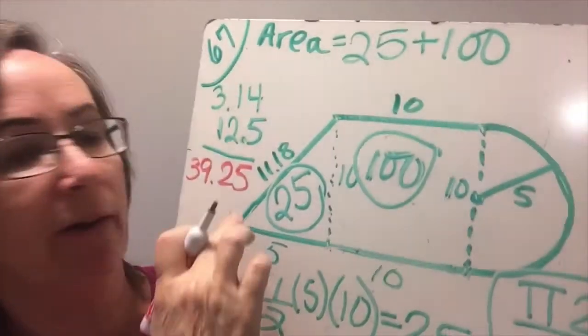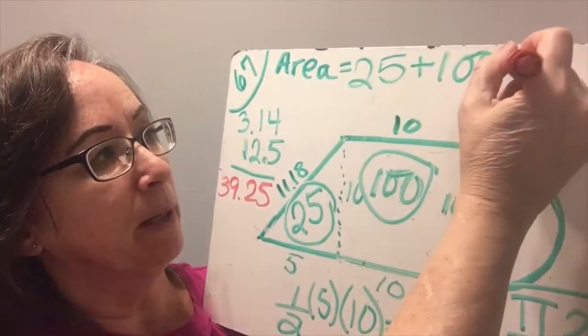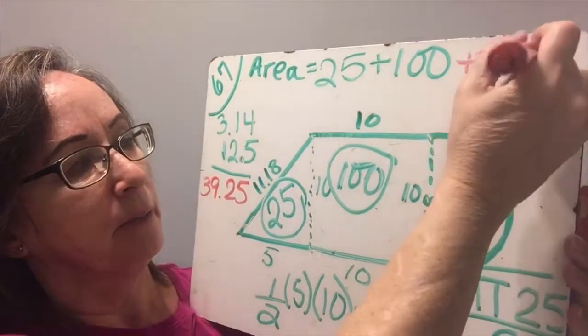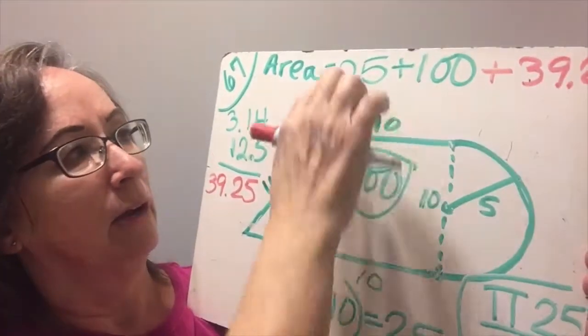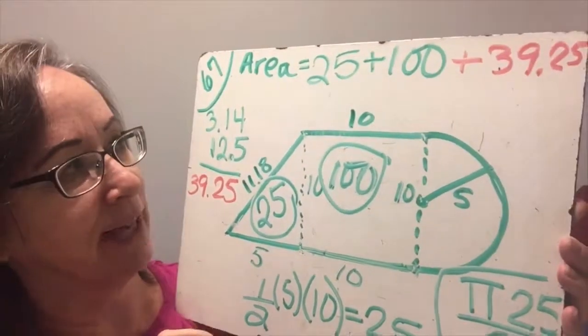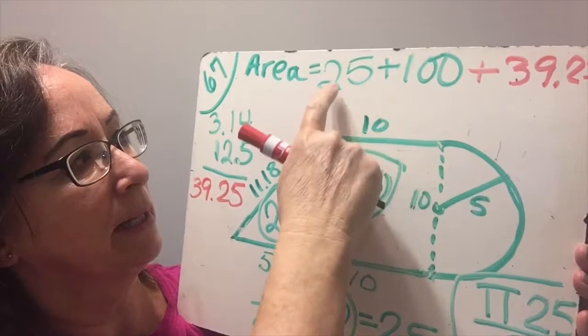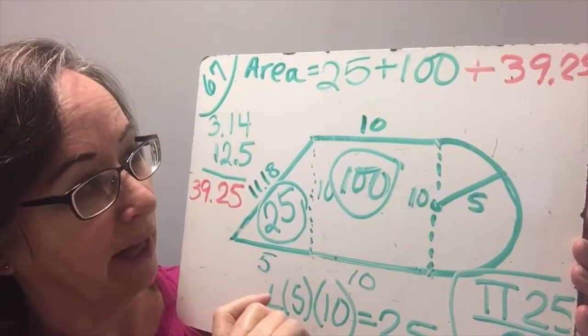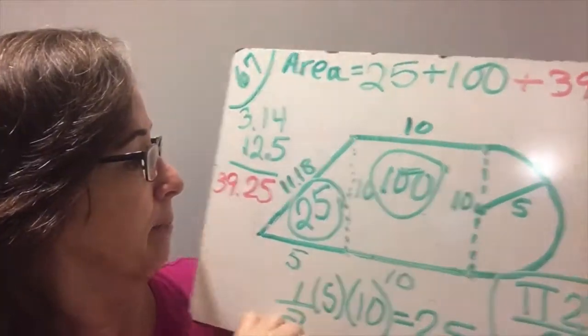Okay, so I have carried back my 39.25, and I'm going to put my 39.25 up here in my line of things that I have to add up, and then I know that 100 plus 25 is 125. So we're trying to add 125 to this number.